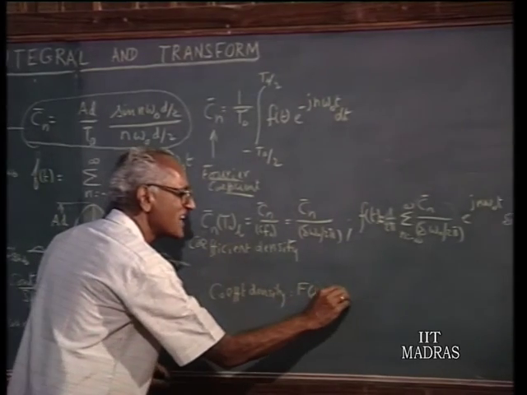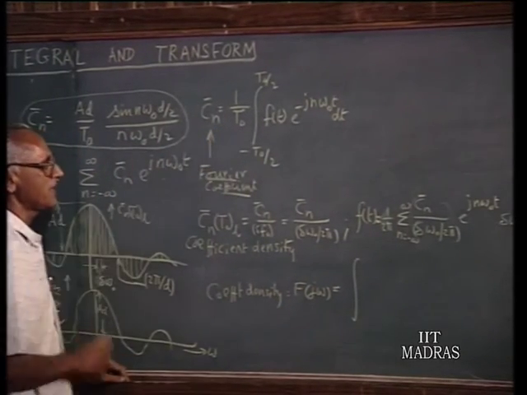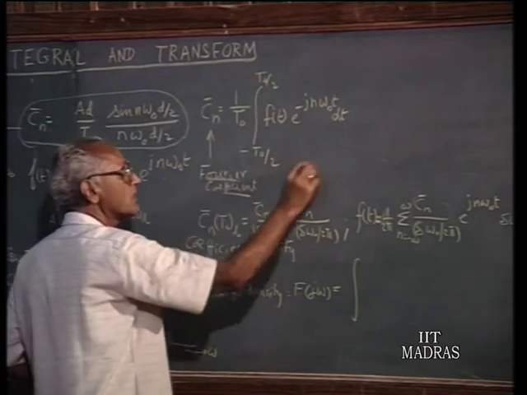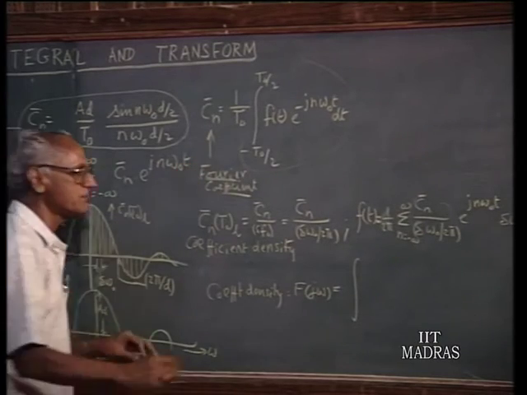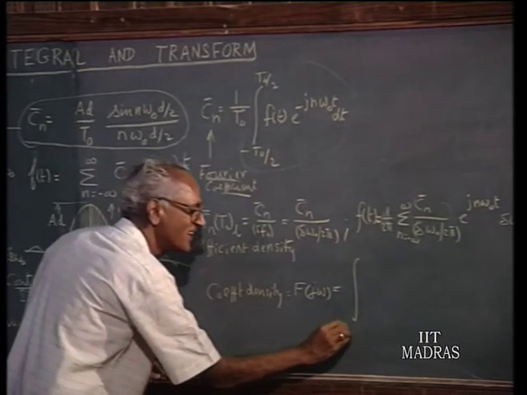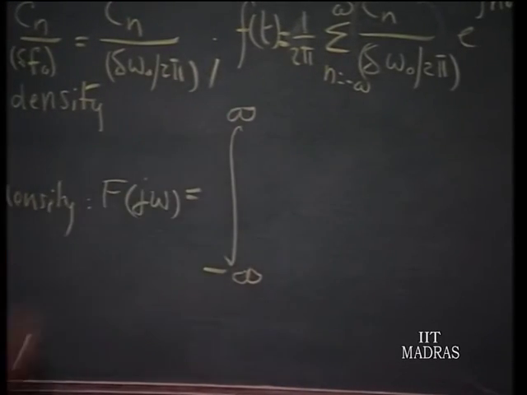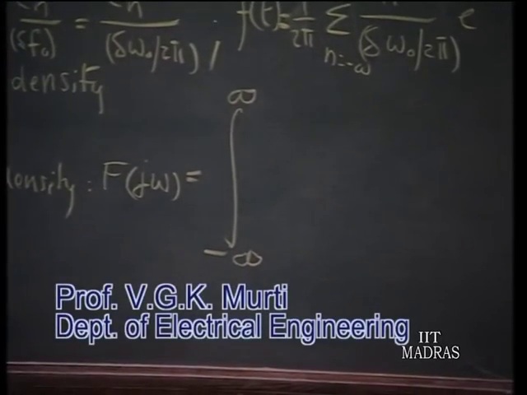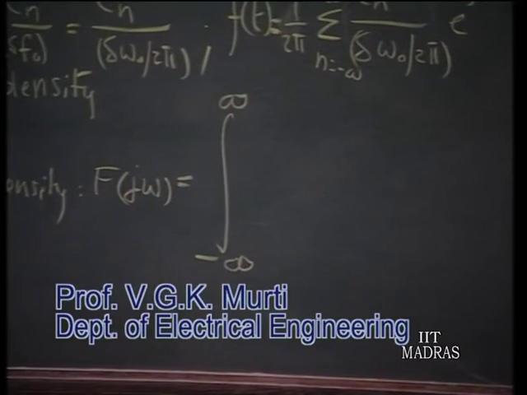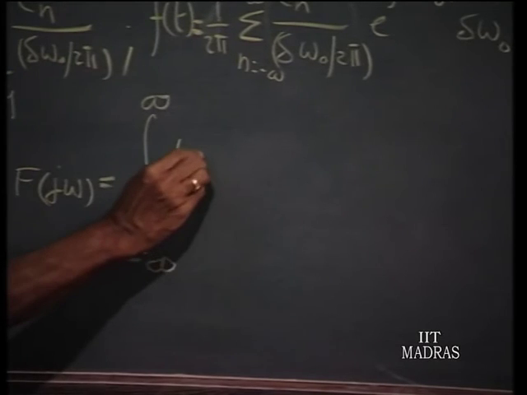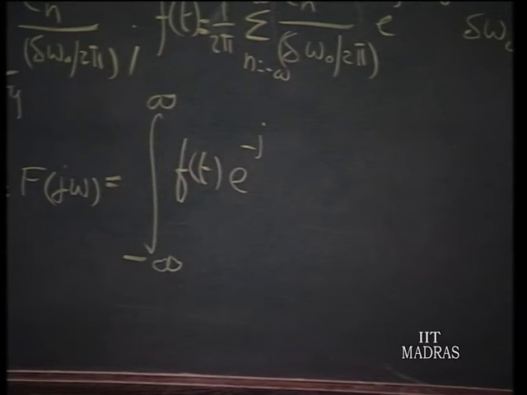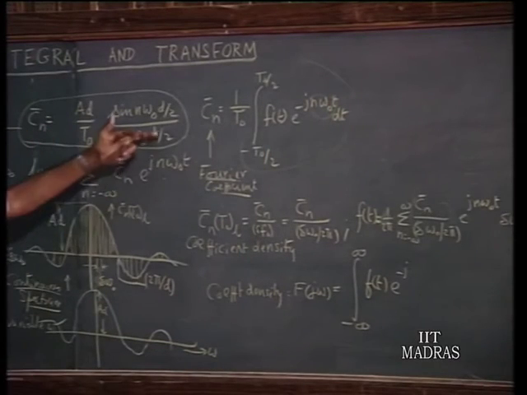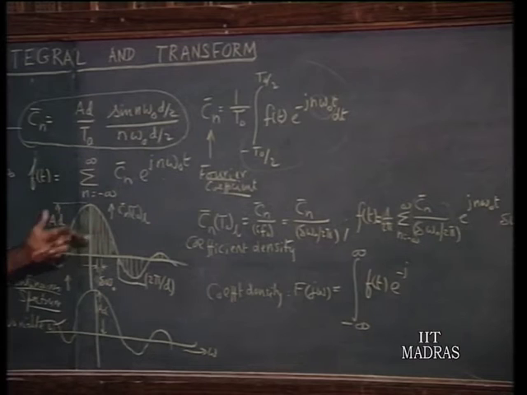So, in our case it happens because T naught is multiplied by this. Is this formula applicable to the aperiodic case, and what is the period? Minus T naught upon 2 and plus T naught upon 2 are infinity. So, you are integrating f of t multiplied by something over a complete period which extends from minus infinity to plus infinity, f of t and e to the power of minus j n omega naught. Now n delta omega naught in the first case is replaced by n delta omega naught here, and when you go to the aperiodic case n delta omega naught is a continuous running variable omega.